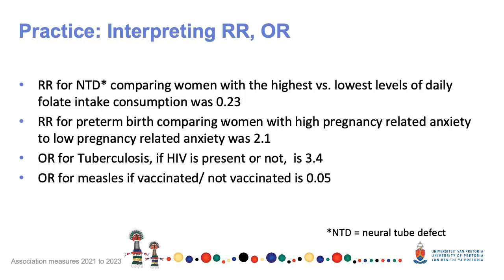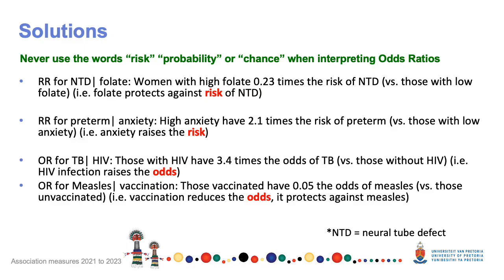Here's an exercise where you can practice interpreting the results of risk ratios and odds ratios. I suggest that you pause the video and then go through these 4 examples, and when you have made your decision, you can restart the video, and then it will move on and give you the solutions. Here are the solutions for the practice exercise on the previous slide.